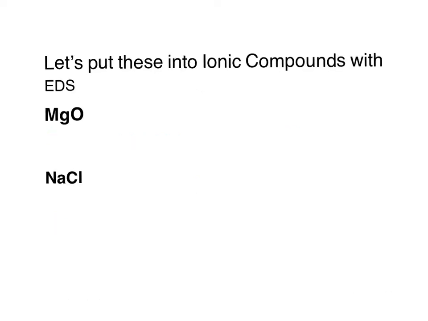Now that we made our electron dot structures, why don't we combine them together to make that ionic compound? Let's notice how our EDS reacts when we're dealing with ionic compounds. So I'm going to make my electron dot structures for both of them. You should have these written down in your notes, so that should be a lot quicker for you.